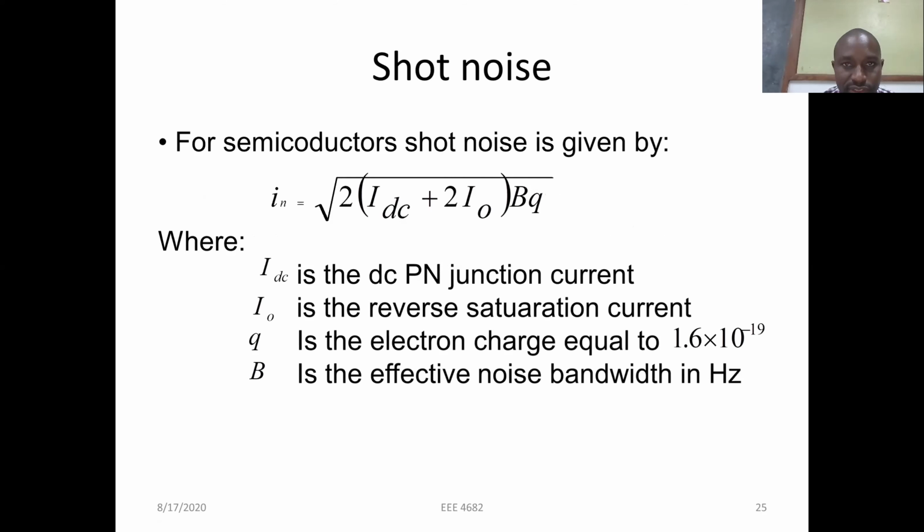It can be calculated as I_n equals the square root of 2q(I_DC + 2I_0)B, where I_DC is the DC PN junction current, B is the effective noise bandwidth, Q is the electron charge equal to 1.6 times 10 to the power minus 19, and I_0 is the reverse saturation current.